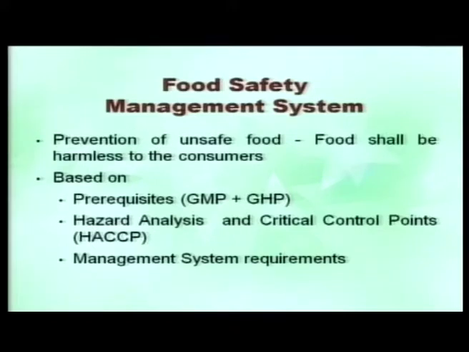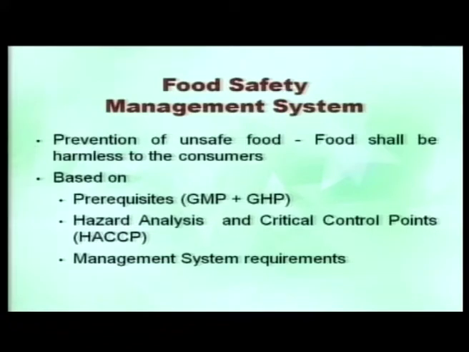The first one is the prerequisites, that is GMP and GHP, which we call good manufacturing practices and good hygiene practices. We call them prerequisites, another name being best practices. It can be good veterinary practices, because if you are dealing with animal products, or good documentation practices. So there are a series of good practices.